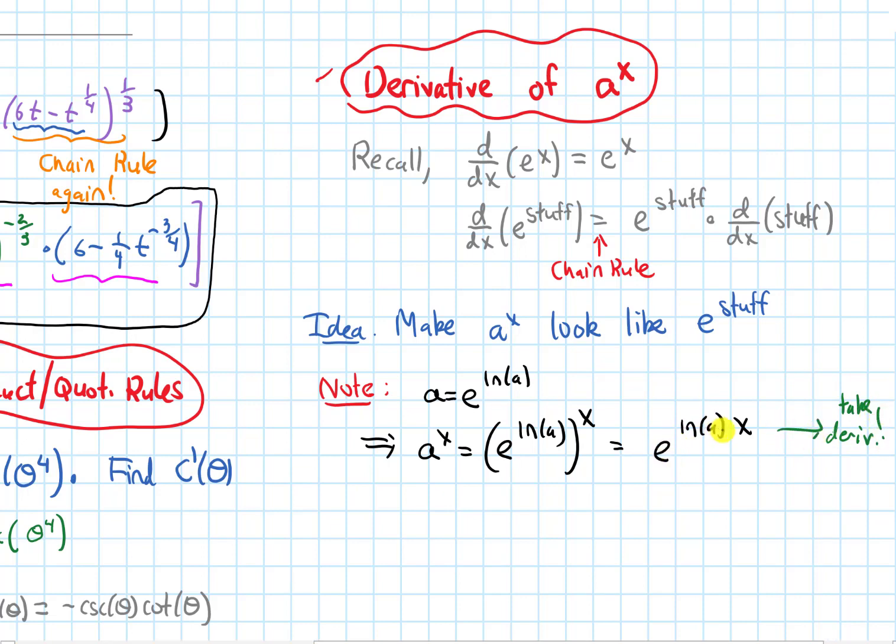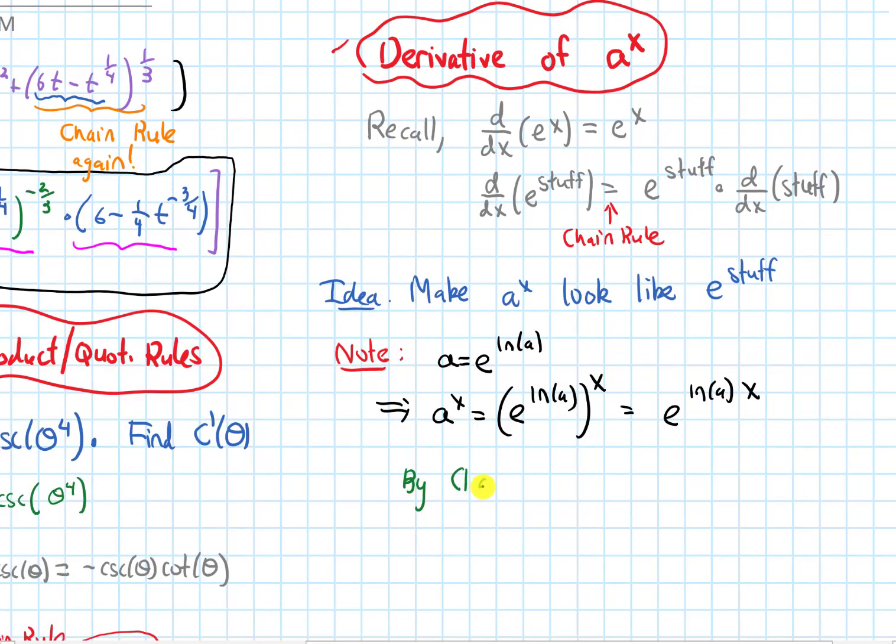So we have e to the stuff, and to get that derivative, we need the chain rule. So by the chain rule, when we take the derivative of a to the x, this is going to be the derivative of e to the stuff.